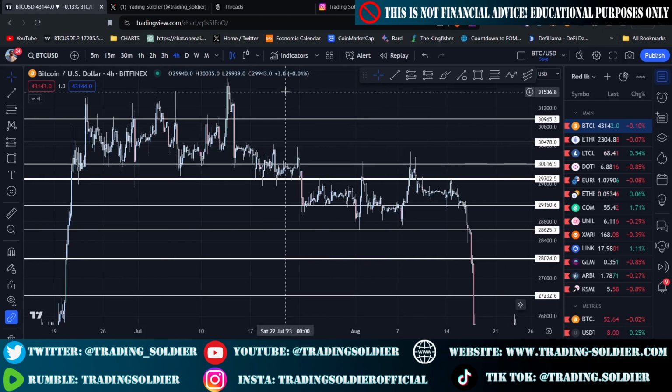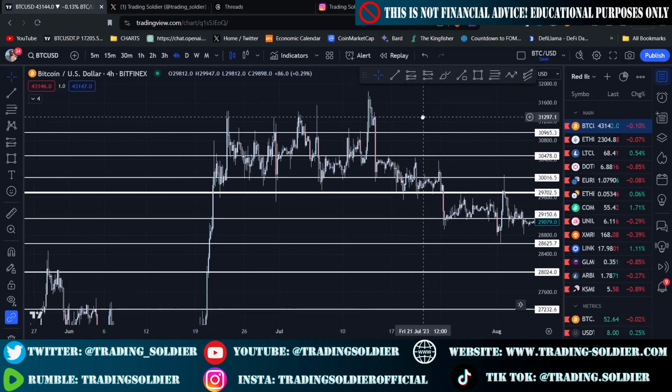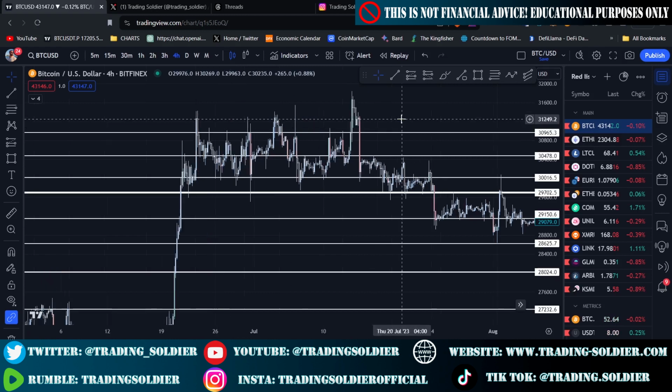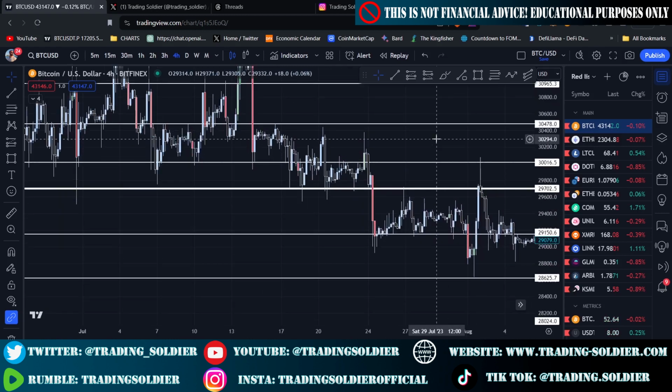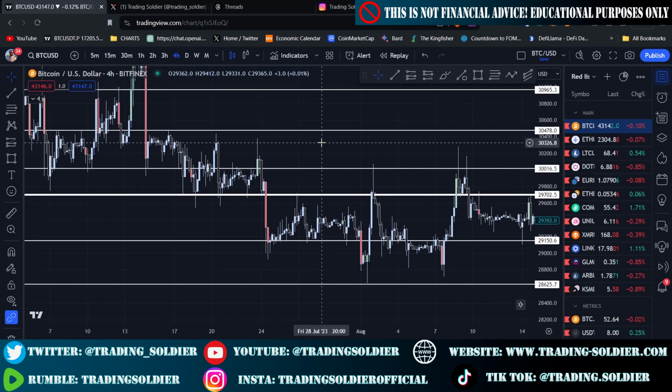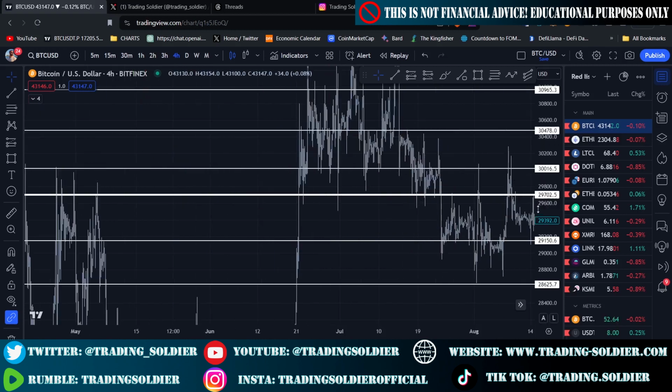If you are clever enough to identify these levels, which as you have already seen is very easy, you can do very successful trades with no indicators, without using volumes, EMAs, without using anything, just a clean chart and support and resistance.